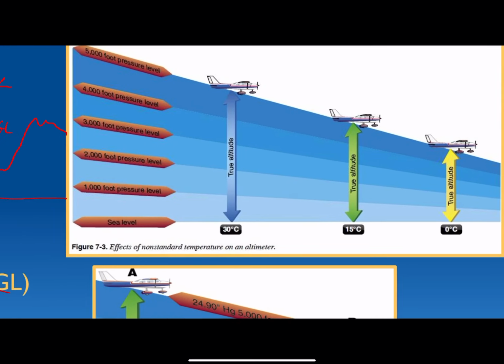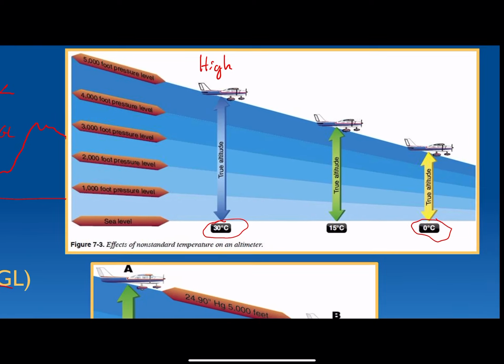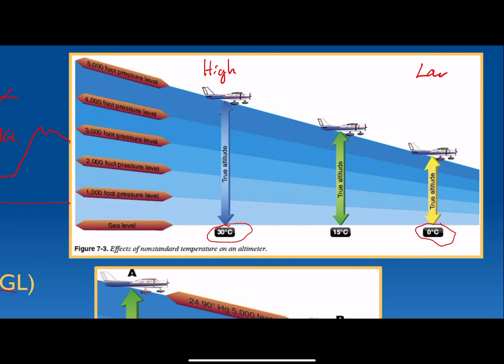So here we have two pictures that show that phenomenon. If I go from 30 degrees Celsius, that's pretty hot, it's a hot day, and I fly, this is a very large change in temperature, but let's say I fly to an area that's freezing. Somehow I managed to go from 30 degrees Celsius to 0 degrees Celsius. I flew from high temperature to low temperature. I flew from high to low.